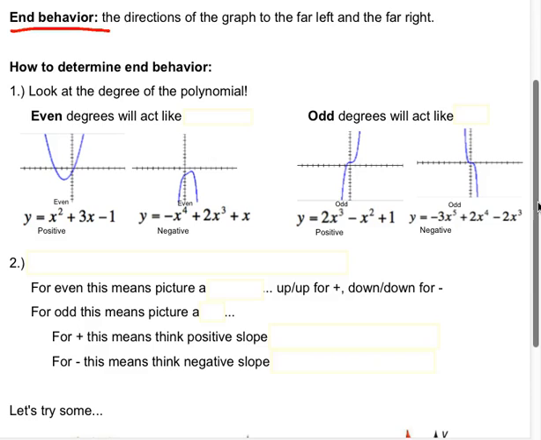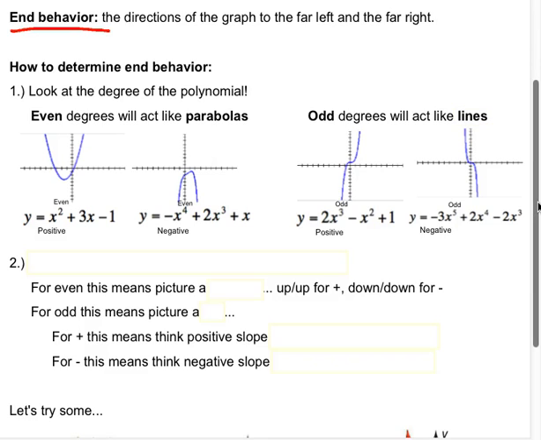So look at that degree, because even degrees, so 2, which is quadratics, 4, which is quartics, and so on, will all act like parabolas. They all kind of look parabolic shaped. And odd functions will all act like lines.